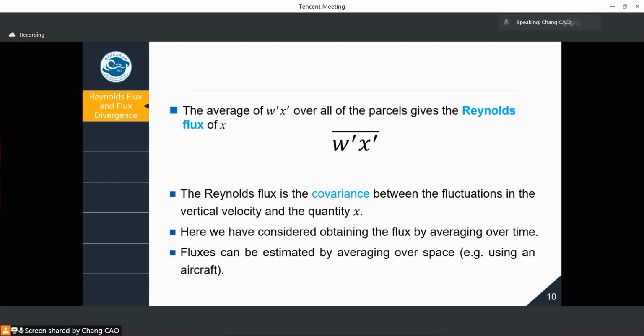For example, using an aircraft, we know that the measurements are taken along the flight path of the aircraft. If these are all instantaneous, and we average them together to get one number, this is an average over space, not over time, because all the measurements were taken at the same time.